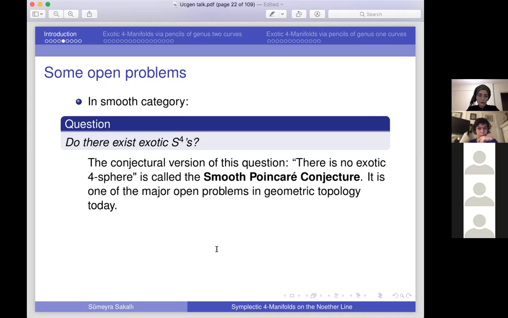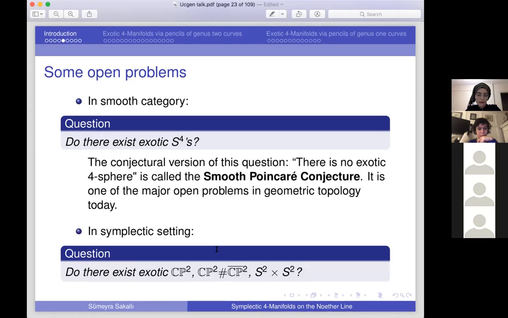It is still open. And in a similar way, we can ask similar questions in the symplectic setting. Do there exist exotic CP2, complex projective plane, or complex projective plane blown up at 1 point? Or do there exist exotic S2 cross S2 product manifolds? These are all open, and we don't know the answer.